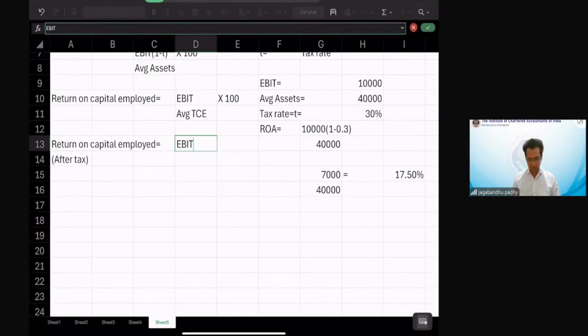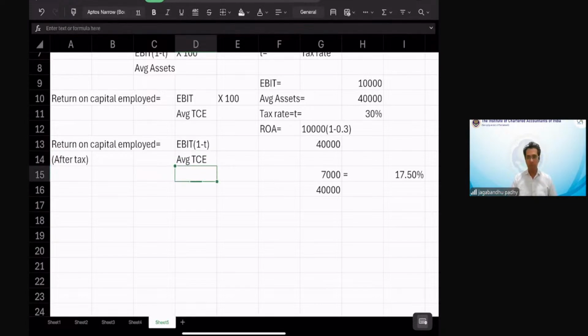After tax, when I want to make it, I'll do the same. EBIT into 1 minus T upon average total capital employed, and that will be again multiplied by 100.